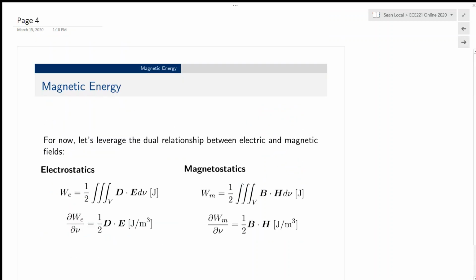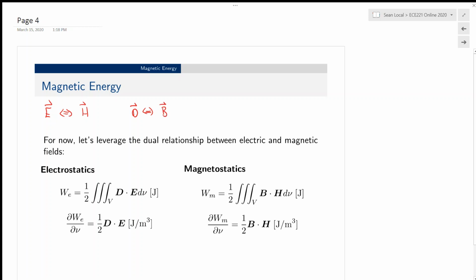So we know, for example, that the electric field in electrostatics is analogous to the magnetic field in magnetostatics. And the electric flux density field is analogous to the magnetic flux density field in magnetostatics.